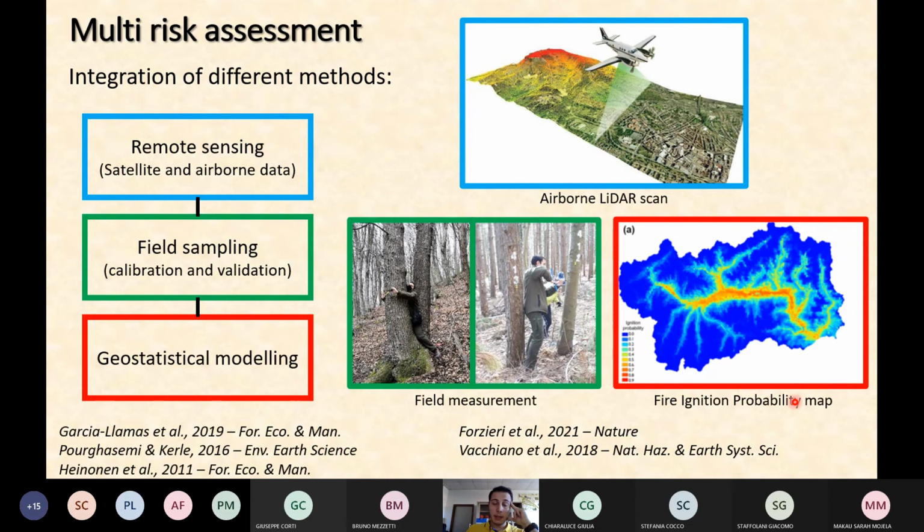Here we can see the assessment of fire ignition probability that was made by Vacchiano et al. in 2018 in Valle d'Aosta, and we can see that the ignition probability is higher in the areas where there is a high presence of human activities and cities, which can explain why a lot of the fires happen in Italy.